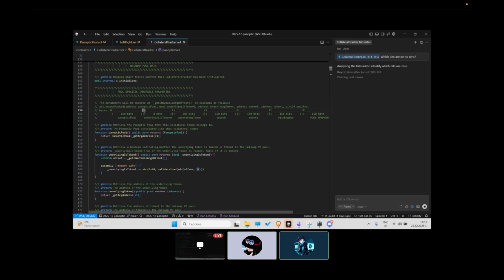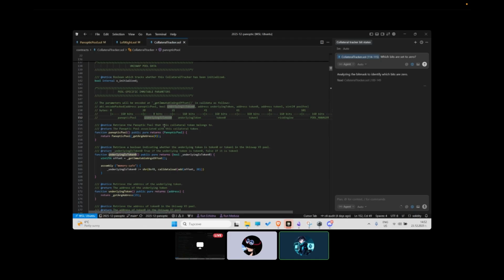They want to get the underlying token, so they get the calldata from byte 20. Calldataload reads the full word, 32 bytes. If you read it, you will get the underlying token is zero flag and the underlying token address, because it's 32 bytes.